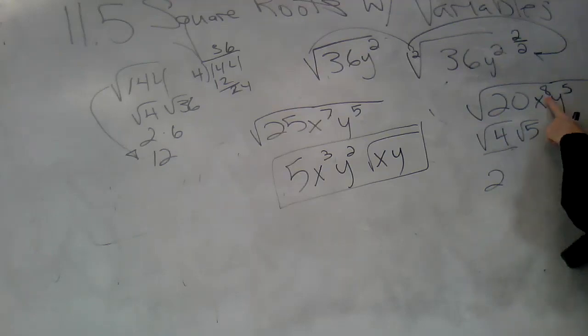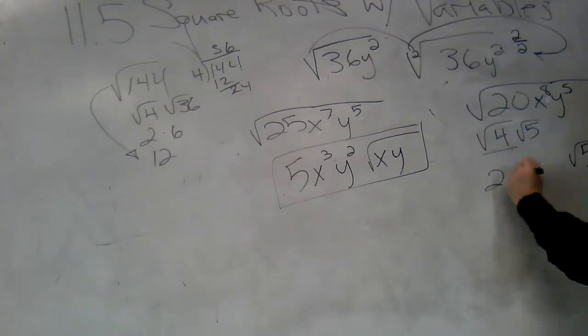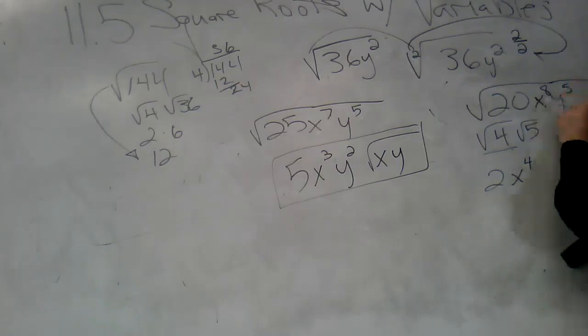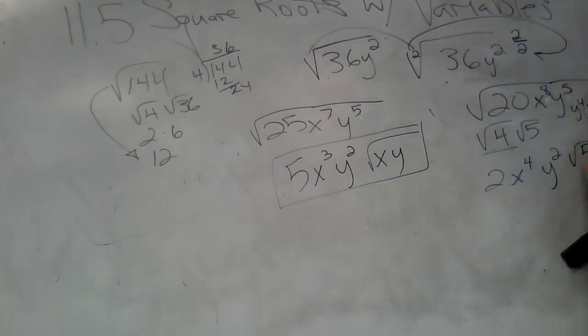X to the 8th is even, so it breaks down to x to the 4th. And you have no x's left inside. Y to the 5th is basically like y to the 4th, y to the 1st. Y to the 4th gets us y squared. And then this one's going to stay inside. So we've made it simpler. Is it smaller? Is it really big? Not really, but we've simplified it.